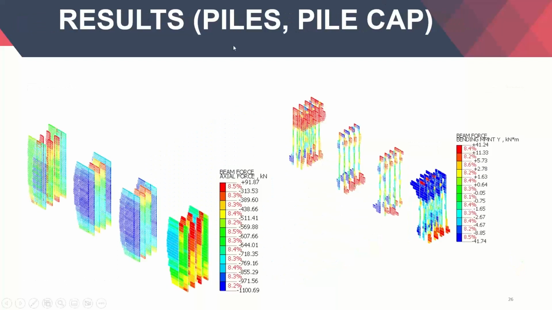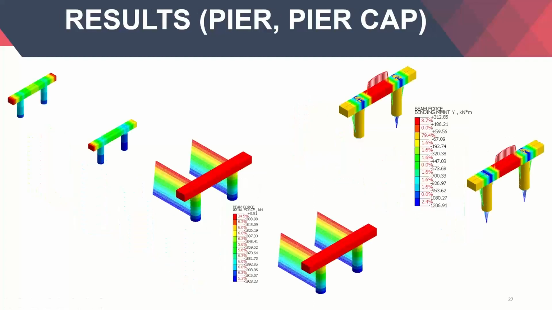In terms of results, you will have the results for the pile, you will have the axial loads and the bending moments. Then for the pier and the pier cap, you will also have the axial loads and the bending moments. So this is your pier cap and these two are your piers.